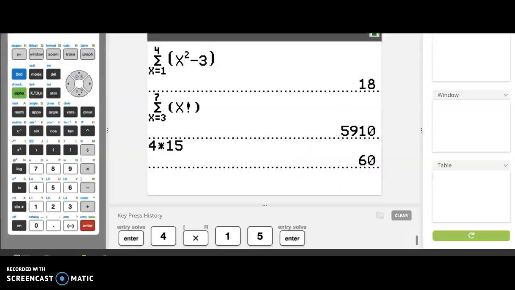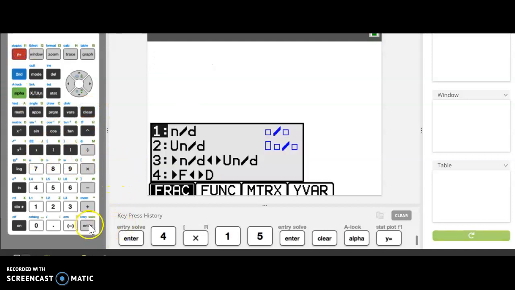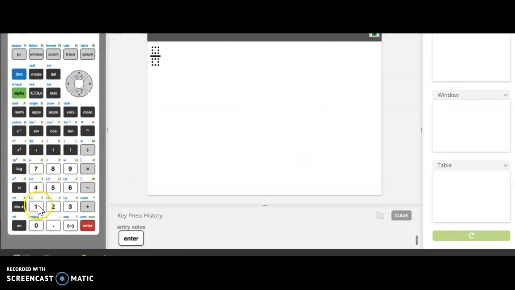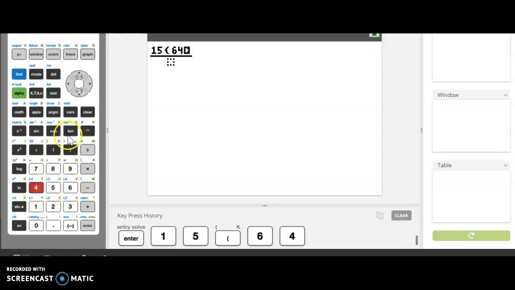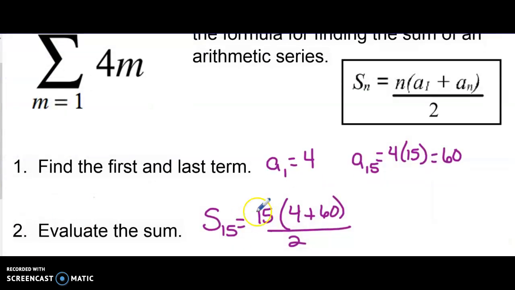So if I plug that into my calculator, I'm going to do alpha y equals, and what I had is 15 times 64. 15 times 4 plus 60 gives me 64, all divided by 2. And I get 480. Okay, so that gives me 480.